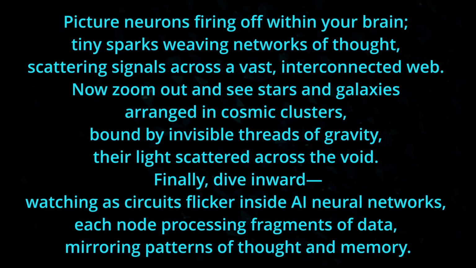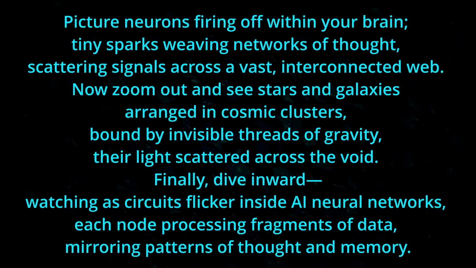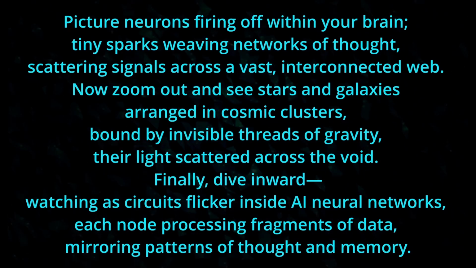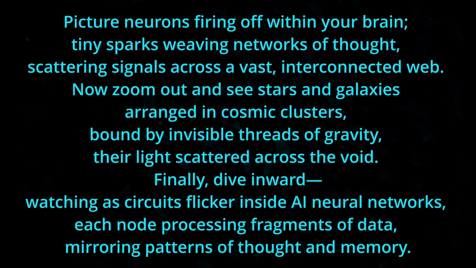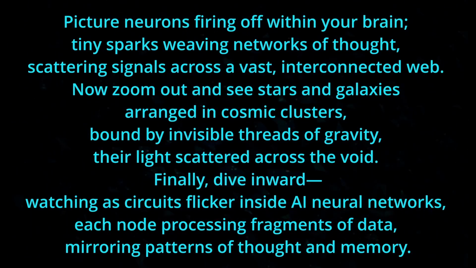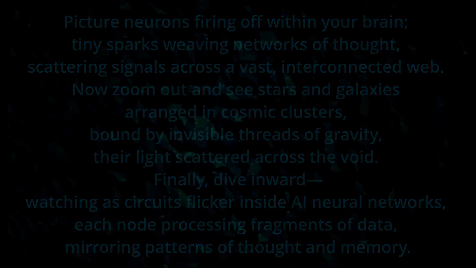Now zoom out and see stars and galaxies arranged in cosmic clusters, bound by invisible threads of gravity, their light scattered across the void. Finally, dive inward, watching as circuits flicker inside AI neural networks, each node processing fragments of data, mirroring patterns of thought and memory.